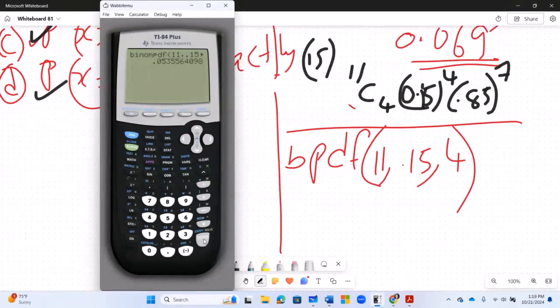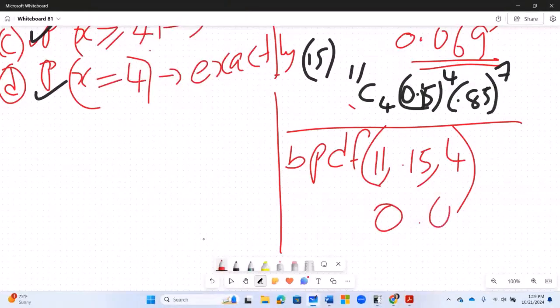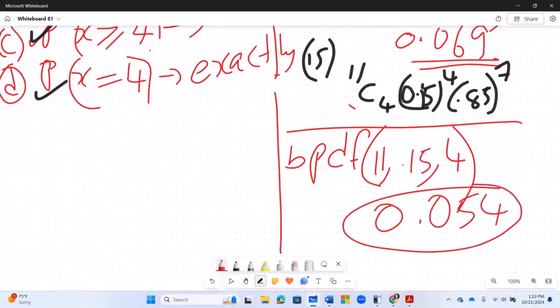And so the probability of exactly 4 is 0.054, approximately. So the probability of exactly 4 is 0.054.